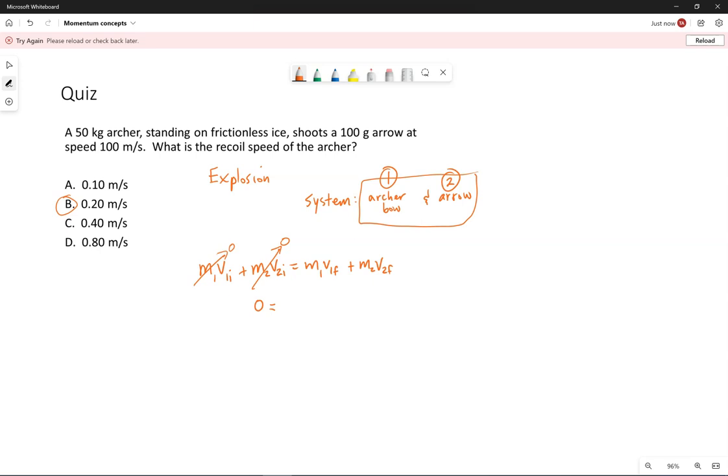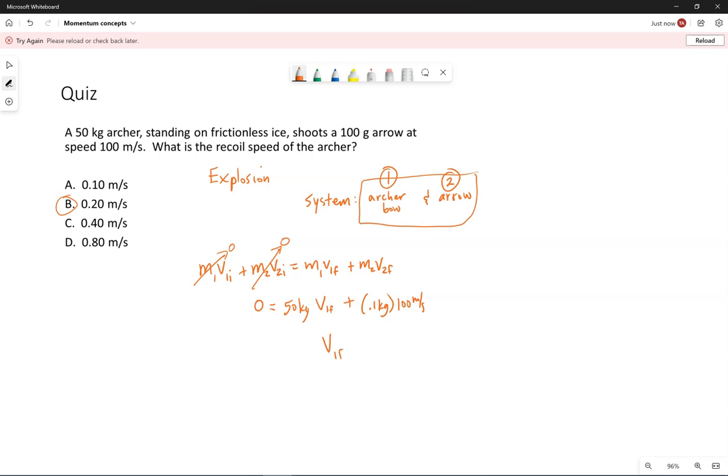And so the archer is 50 kilograms. We're looking for the archer's velocity. Oops, let's put in the mass. The mass of the arrow we need in kilograms, so 0.1. The velocity or speed, 100 meters per second.